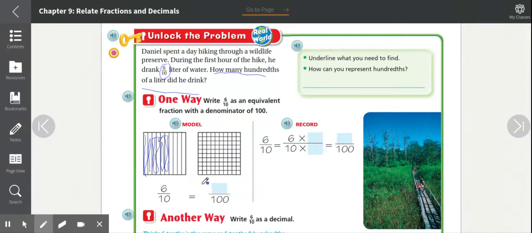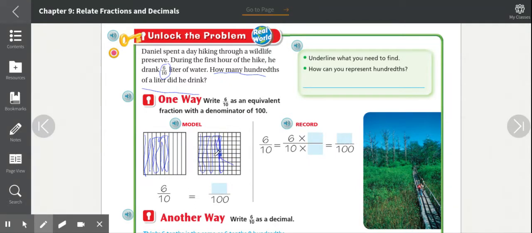Now, yesterday or Monday, I talked to you about how instead of sitting here counting out 1, 2, 3, 4, 5, 6, 7, 8, 9, 10, you can just think, okay, that's 10, 20, 30, 40, 50, and 60, up to there.